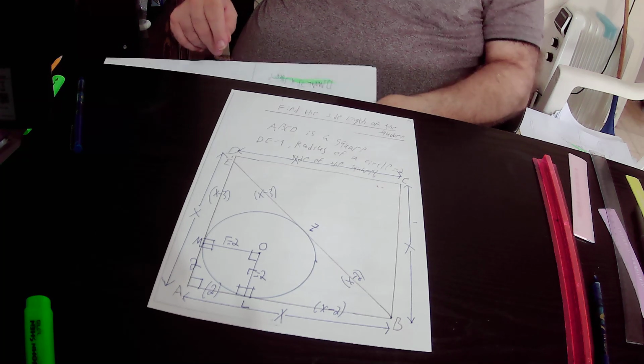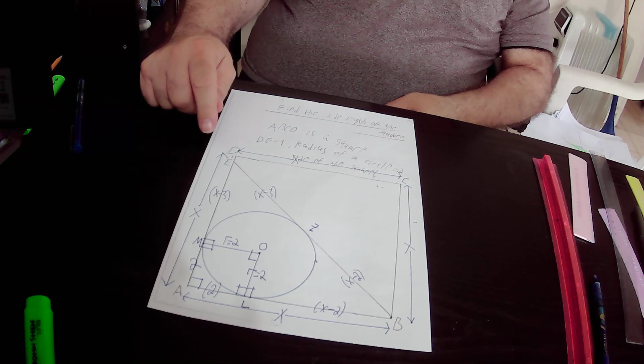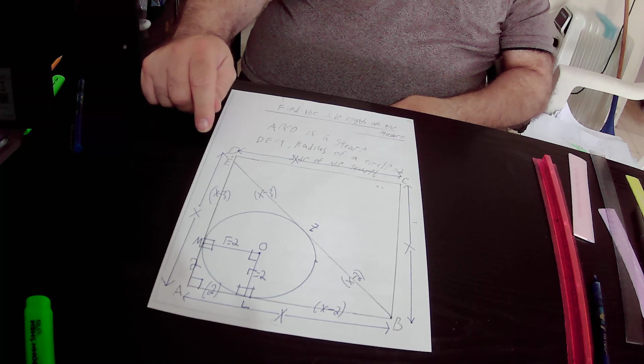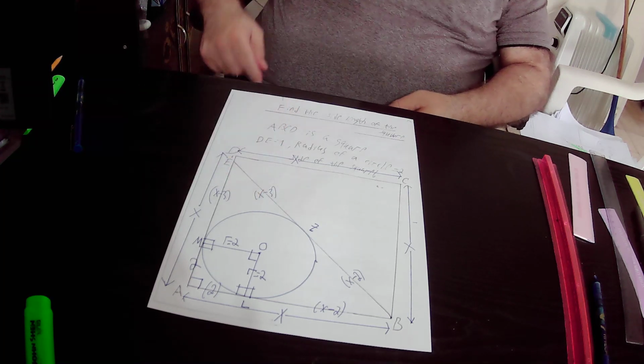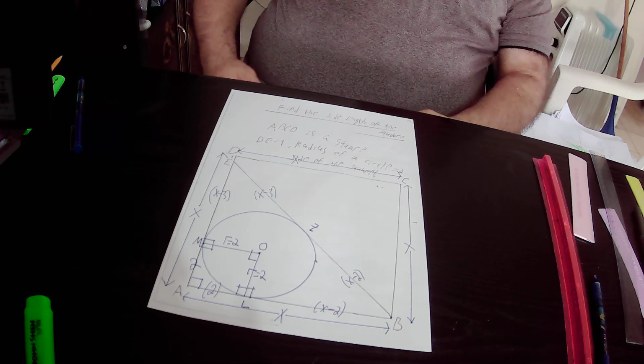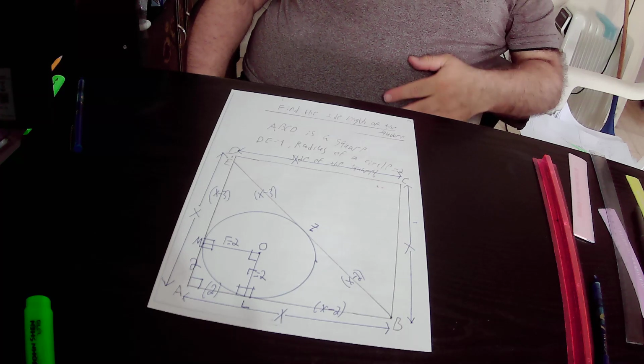We know that the short line segment DE equals 1 unit. Inside the square ABCD, we have this circle, and the radius of this circle is equal to 2 units. And we want to find the side length of square ABCD.